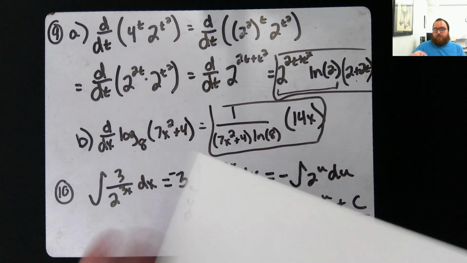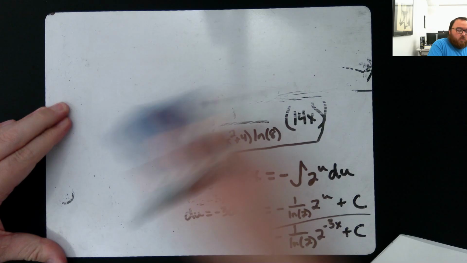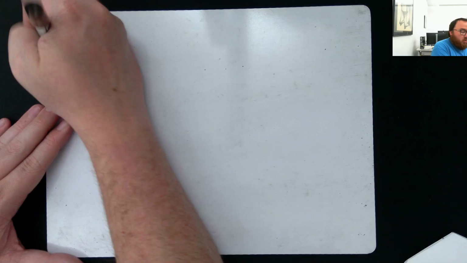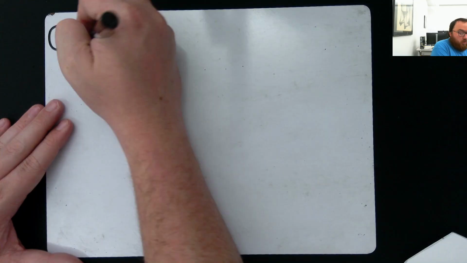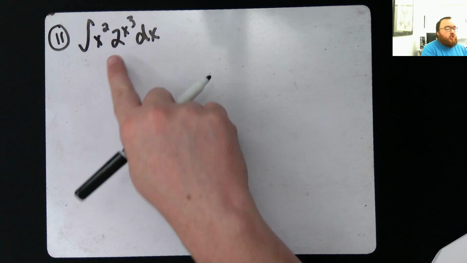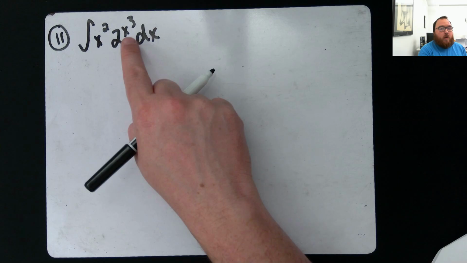Last example, example number 11. Integral of x squared 2 to the x cubed dx. So once again, this looks really hard because there's a lot happening here. But notice that I know what to do if it's just 2 raised to like a u, right? So it would be nice if I could let this be my u.